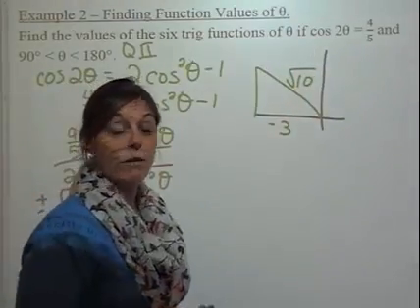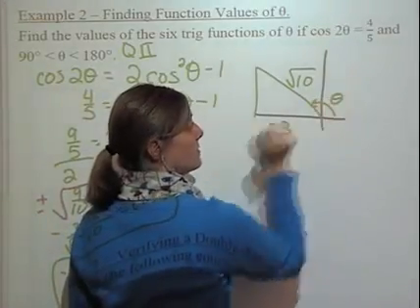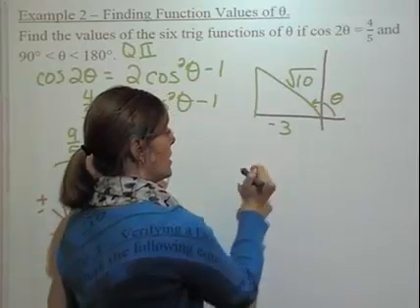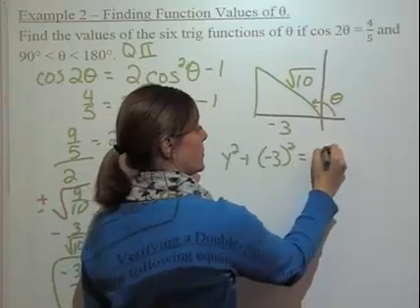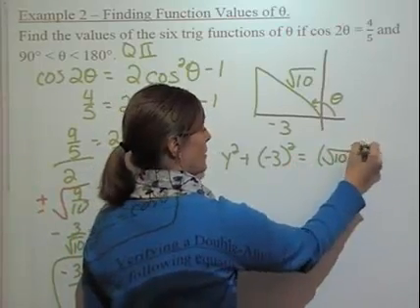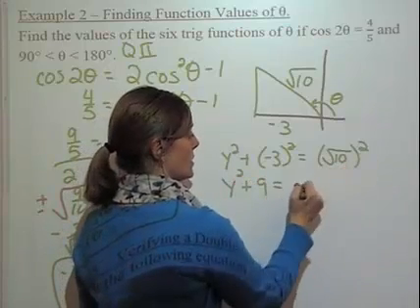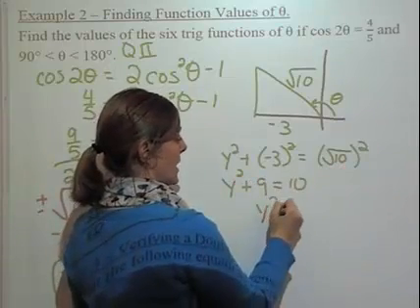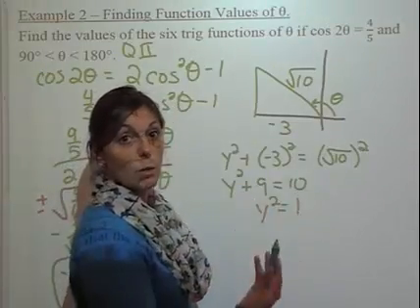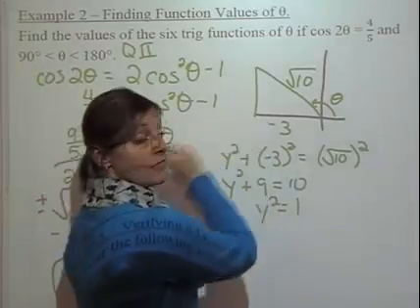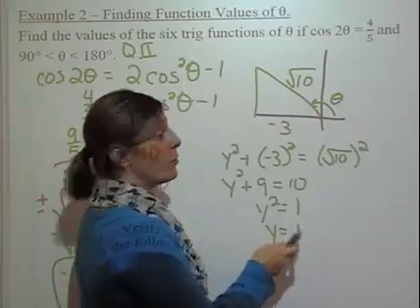So now we can just use the Pythagorean Theorem, and remember that this angle is theta. So y squared plus that negative 3 squared equals the square root of 10 squared. So y squared plus 9 equals 10, and so y squared has to equal 1. The square root of 1 is 1, and because we're in that second quadrant, the y value is positive, so y has to be positive 1.